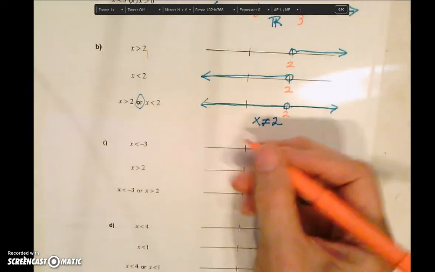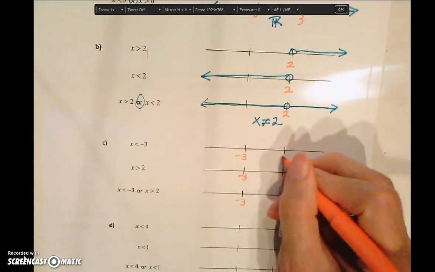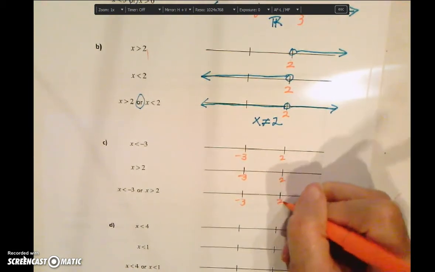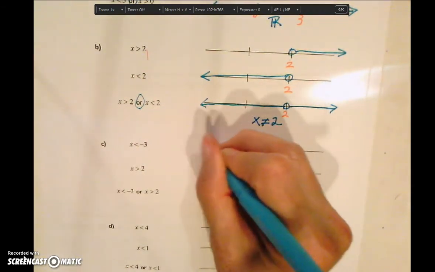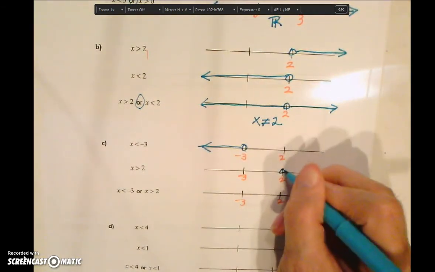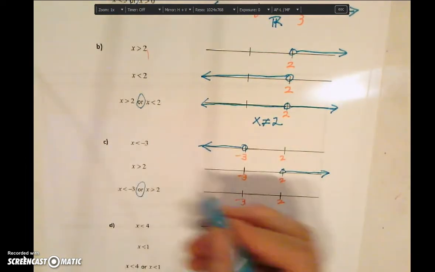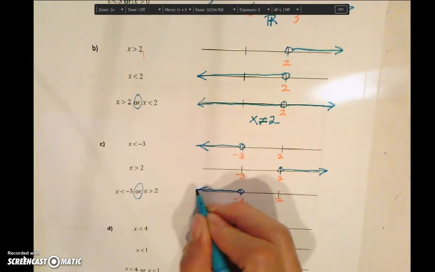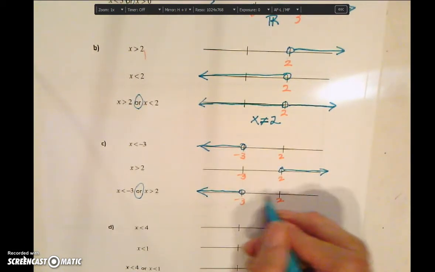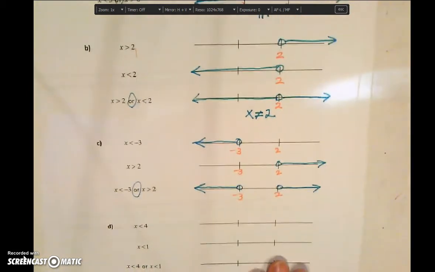Example 3, I have a negative 3 in my small spot and 2 in my larger number. Then I have that x is less than negative 3. I have x is greater than 2. And when I combine them together with my or, negative 3 is not in either one of them, but I have to the left here, nothing in the middle, but on the right it picks up again with the second one and falls in right there.